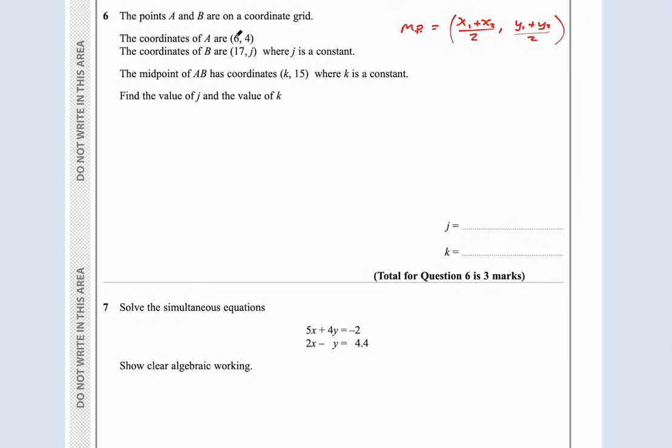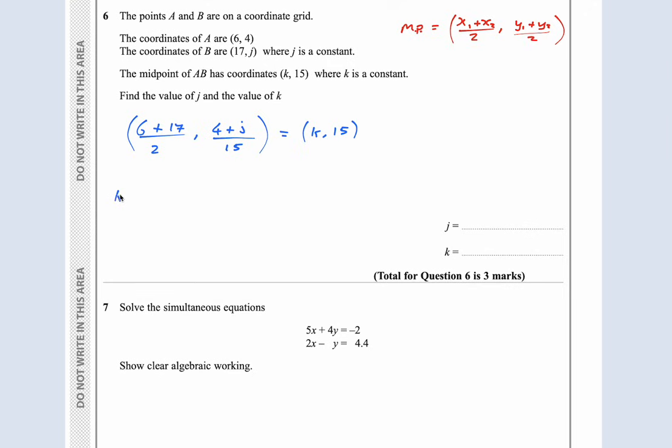x1 is this, so it's 6 plus x2 is 17 over 2, comma 4 plus j over 15. And this is equal to k comma 15. Now, that means that k is equal to this.